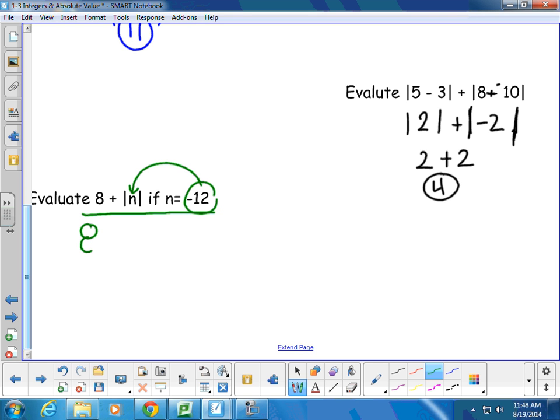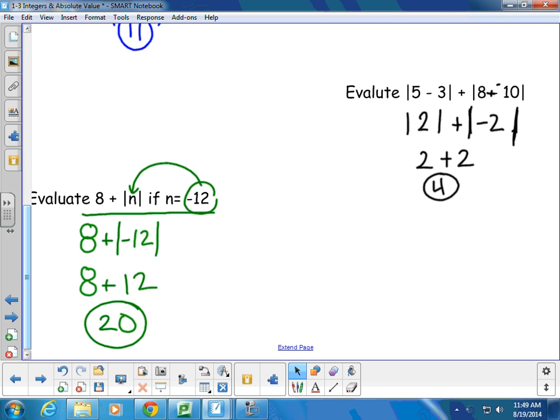So 8 plus that absolute value of negative 12 now is what? Well, 8 stays the same. Negative 12 is 12 units away from 0. So then I simplify by adding those together. Kind of neat, I think.